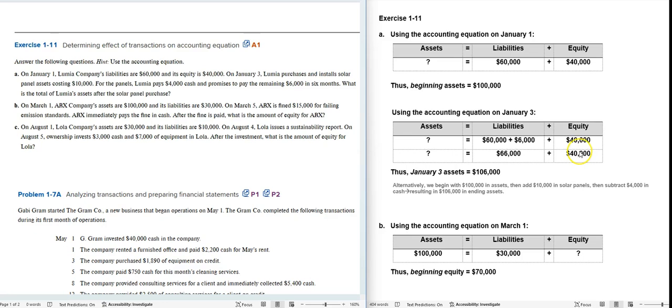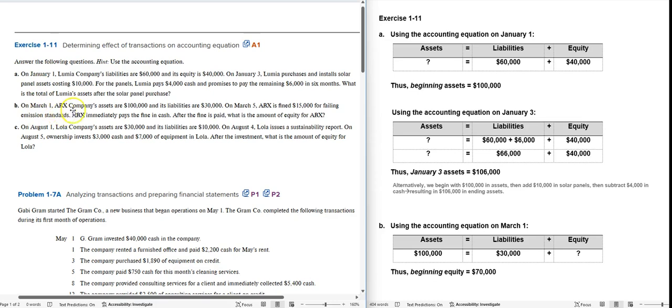Equity was unchanged by this transaction because only assets and liabilities were affected. So the equity stayed the same. That means that in order for this equation to balance, assets must have been $106,000 at the end of the year.